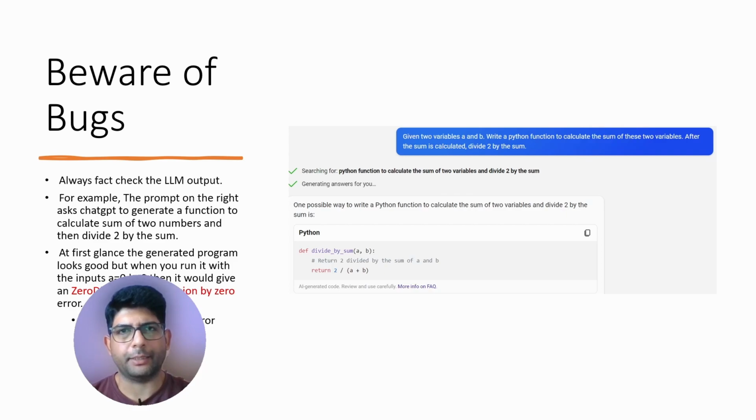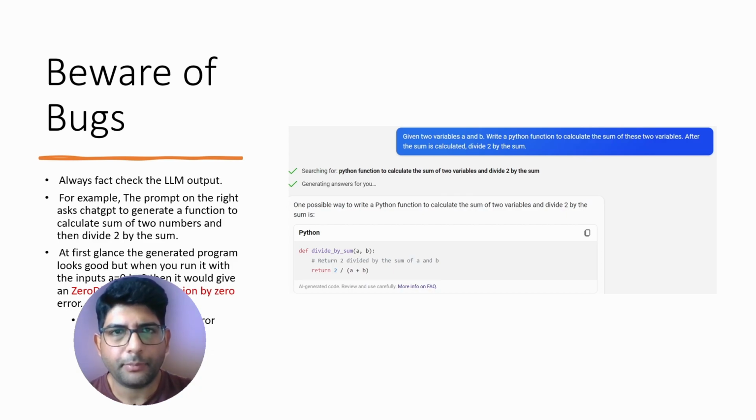At first glance, it looks okay, but when you run it, actually, it gives an error, not an output, an error, saying that 2 is not divisible by 0 whenever you keep 0 as the value of both the variables A and B, because we know that 0 plus 0 is 0, and if you divide 2 by 0, then it gives you an error.